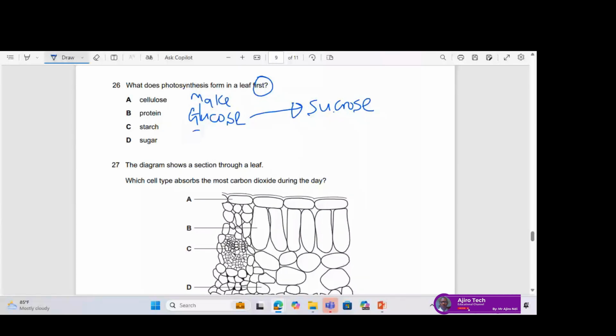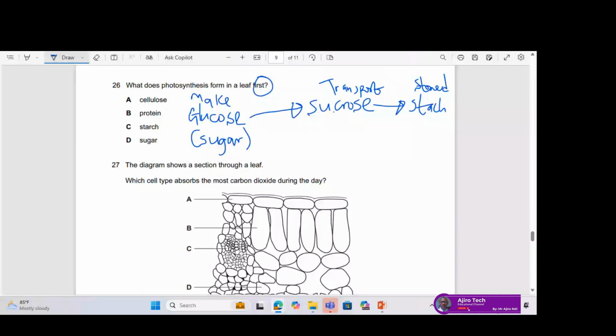Glucose is a sugar, a monosaccharide sugar, all right? And they transport it as sucrose and they store it as starch. So with this explanation, what is the correct answer there? Sugar.